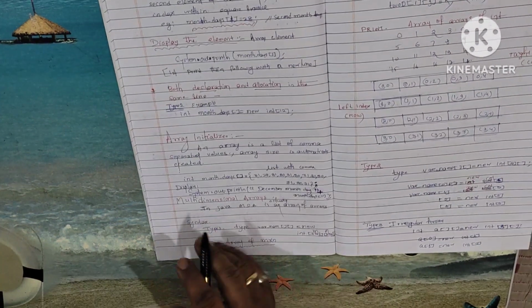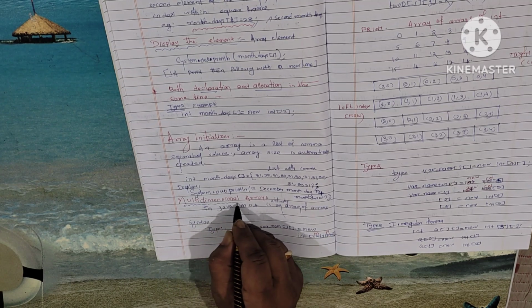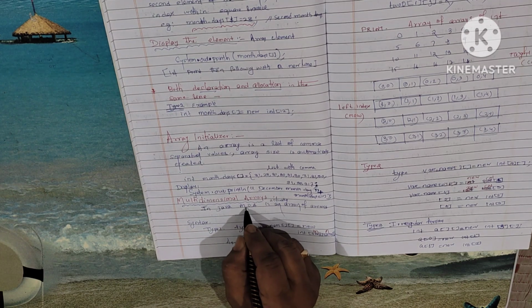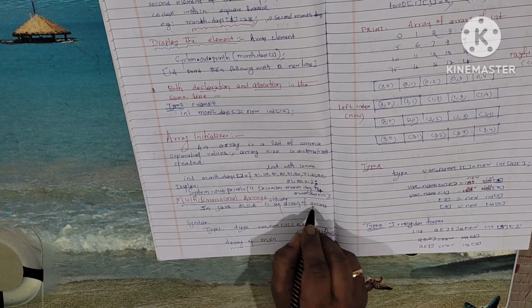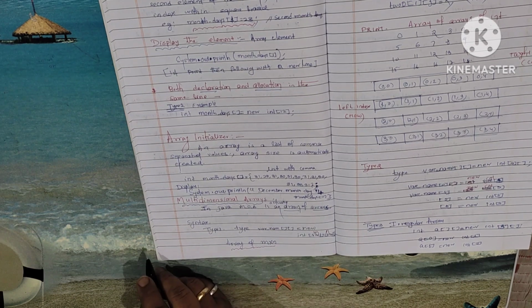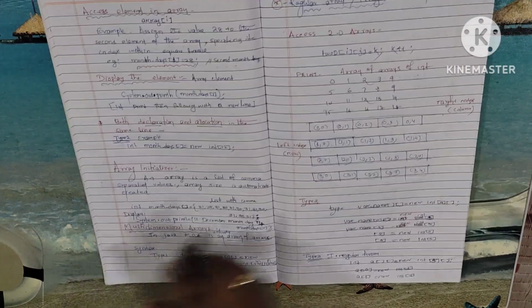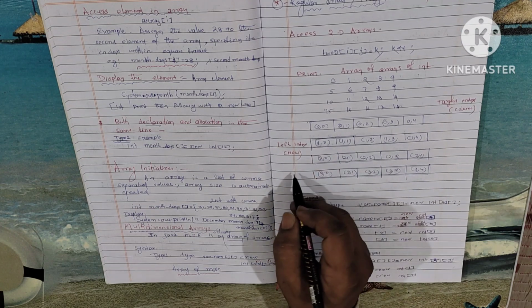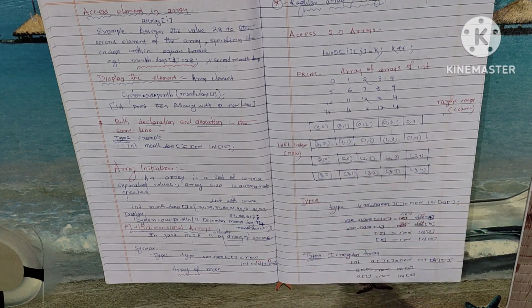Now let us come to the multi-dimensional array. In Java, a multi-dimensional array is an array of arrays. That is, this is called array of arrays.